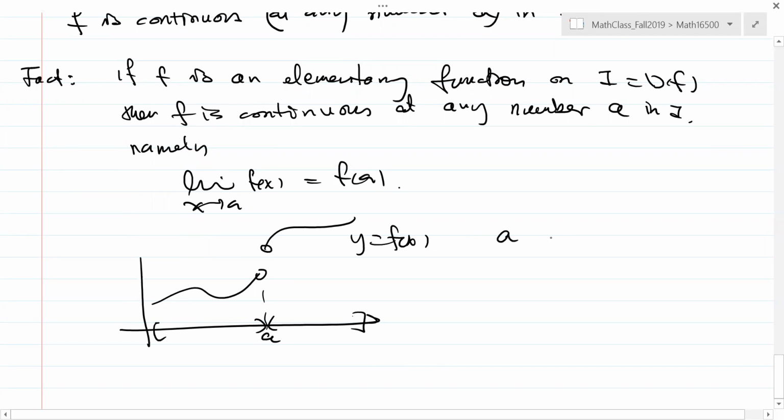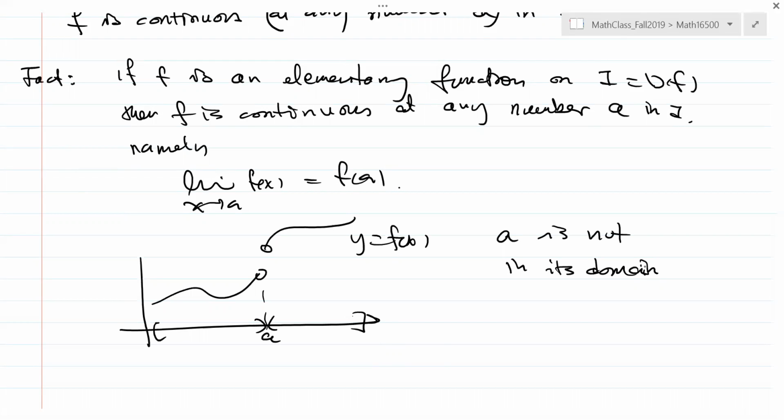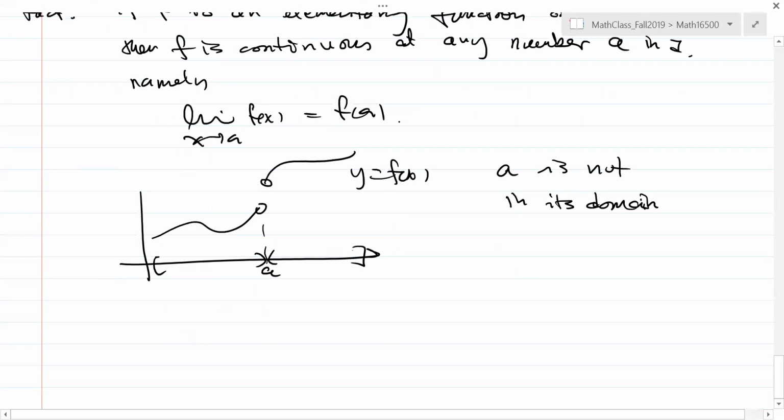A here is not in its domain. So you cannot even talk about continuity. You cannot say the graph is discontinuous because the graph is missing the point. It cannot be defined.